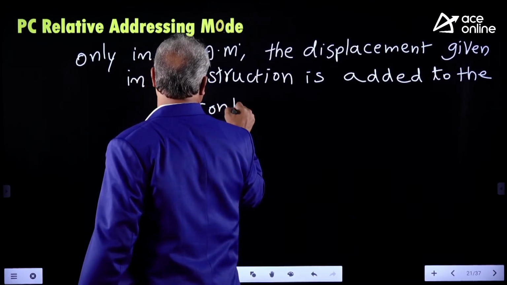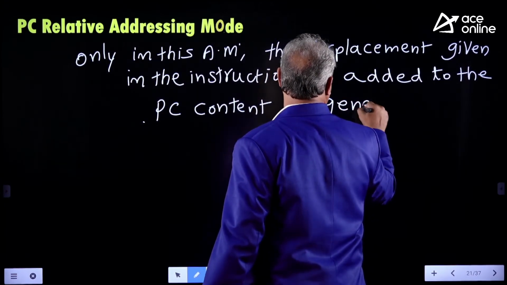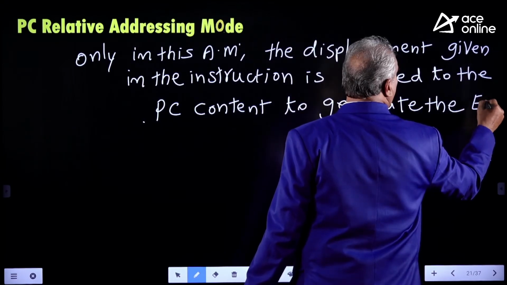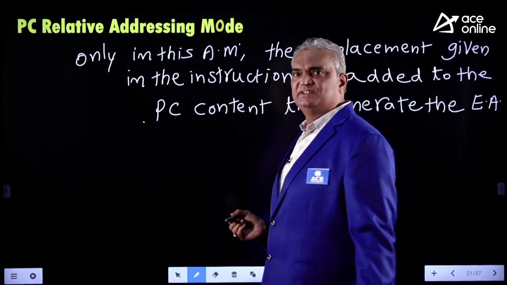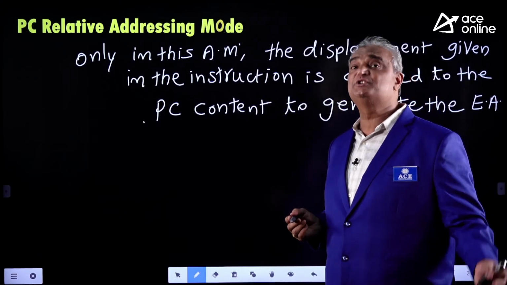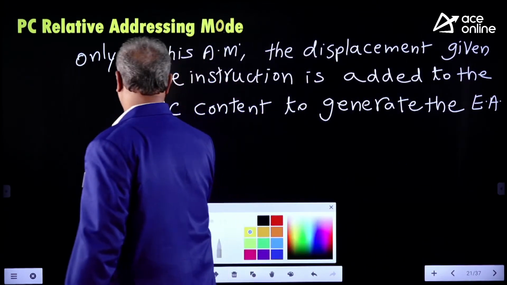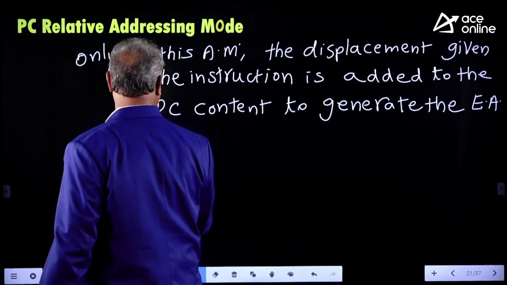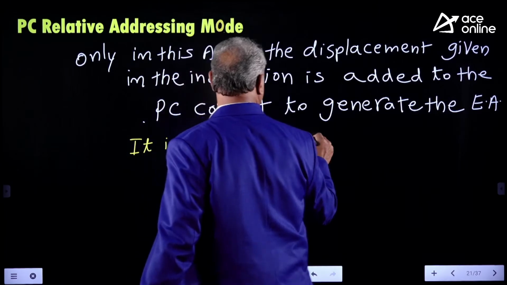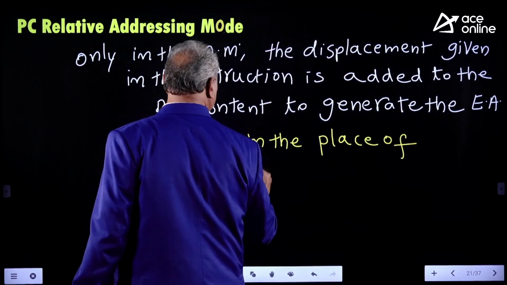PC means program counter. Why? To generate the effective address. EA means effective address. Generally, this addressing mode is used for reducing the opcode size, means it is used in the place of short jump instructions.